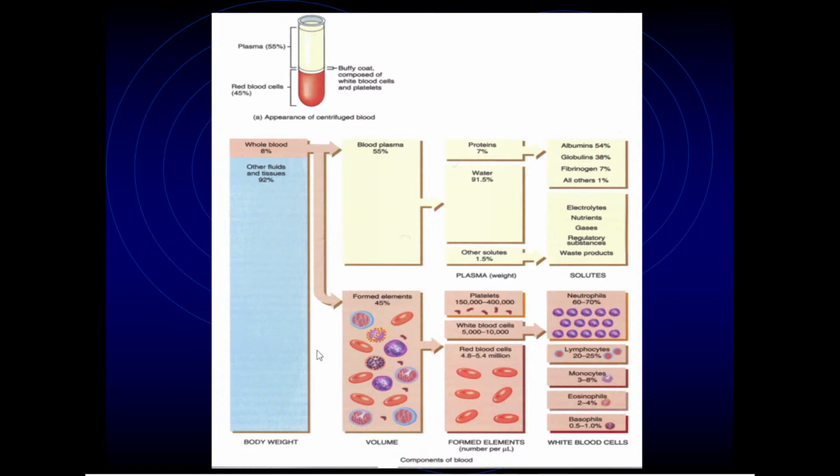As you remember, in an average 70 kilogram man, the volume of blood circulating stays around 6 to 8% of the body weight. Blood is composed of a liquid portion called blood plasma and blood-formed elements.